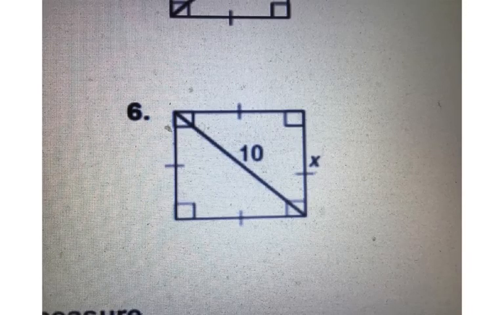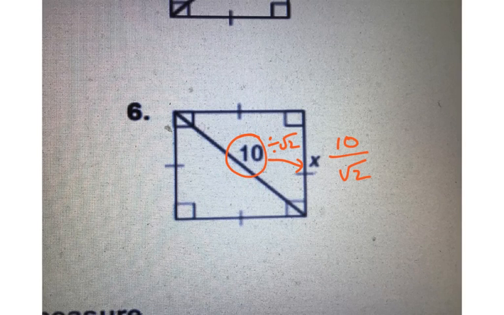All right, give this one a shot, guys. So hopefully you agree that they gave us 10 as the hypotenuse. If I'm going back towards the legs, I'm going to divide by square root of 2. So the answer is 10 divided by square root of 2. Oh no, we have to rationalize again, right? We never want to divide by a square root, so we're going to multiply by square root of 2 over square root of 2.